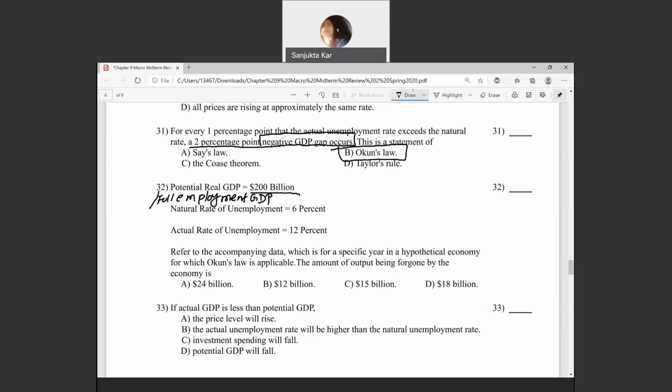So this is frictional and structural. Actual unemployment rate is 12%. That is frictional and structural and cyclical. So basically here, if I take one off from the other, I have a cyclical unemployment which is equal to 6%.